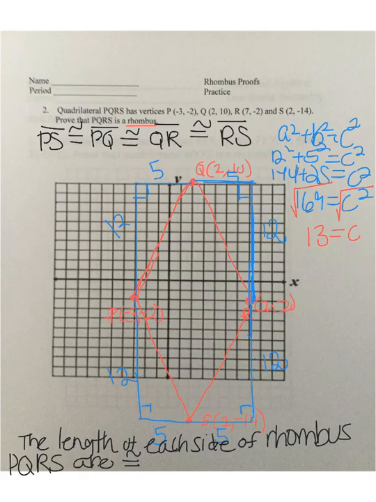Actually, let's take out rhombus. So the length of each side of PQRS are congruent, therefore PQRS is a rhombus. We will rephrase that.